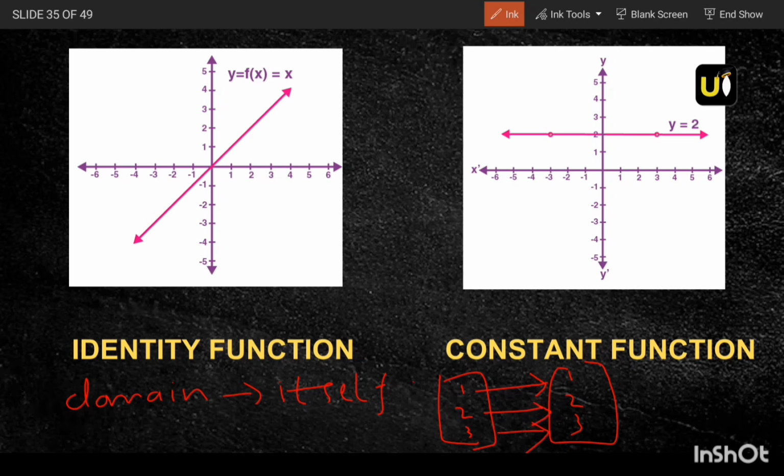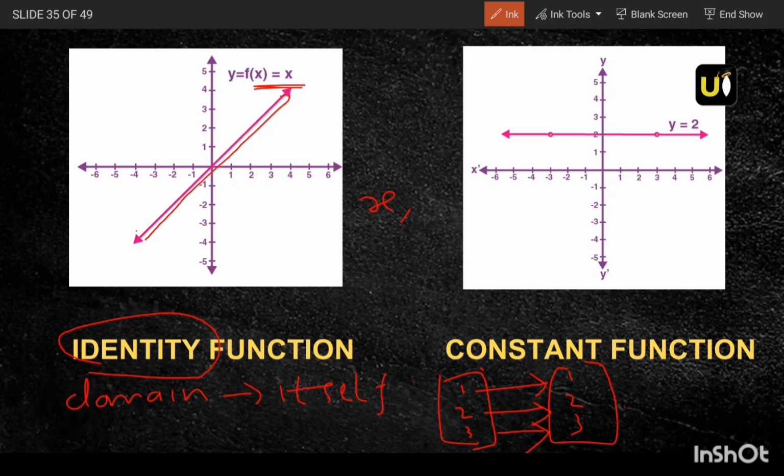So every element of the domain is mapped to the same element. That is called an identity function. An example for this identity function is f of x is equal to x. Here the value of x and f of x is the same for all the x in the domain. The graph of y equals f of x equals x is a straight line.